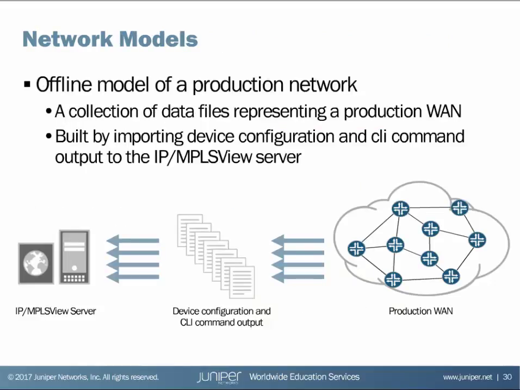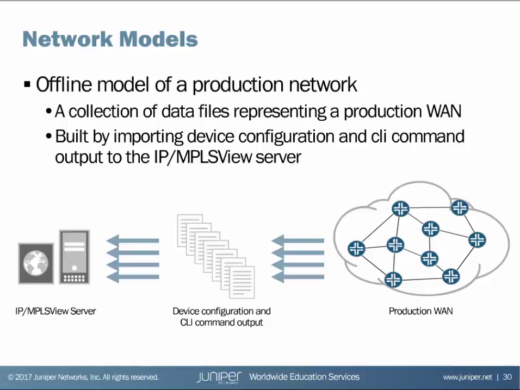The goal of this product is to build a model of your production WAN, right? How do I do that? There are a couple of different ways, but basically I can import information from your WAN: the configuration files on those routers, and some CLI output, things like show interfaces, show MPLS LSP, show chassis hardware, show interfaces extensive.